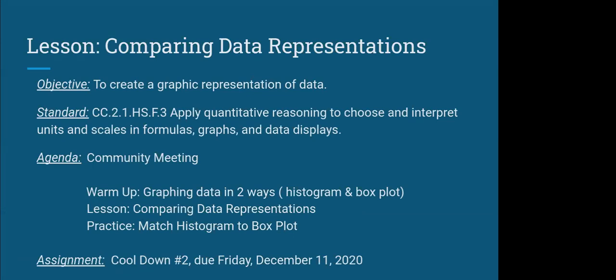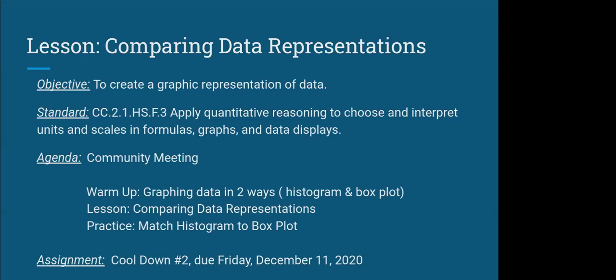Those representations are histograms and box plots. The standard is there, according to the state of Pennsylvania. This is one of the topics that we should cover in this course.